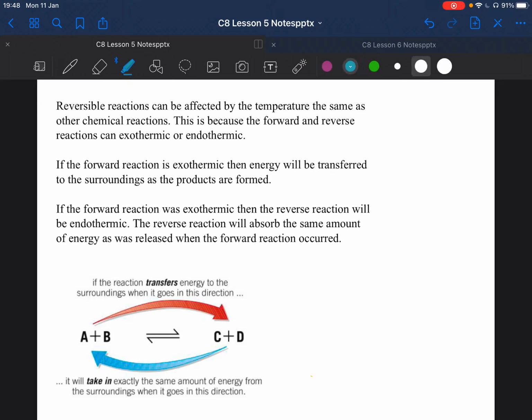So just like we've seen previously, temperature will be dependent on whether a reaction is exothermic or endothermic. So if we have an exothermic forwards reaction, energy will be transferred from the reactant mixture to the surroundings as the products are formed. Now, exothermic reactions do not want to be heated.